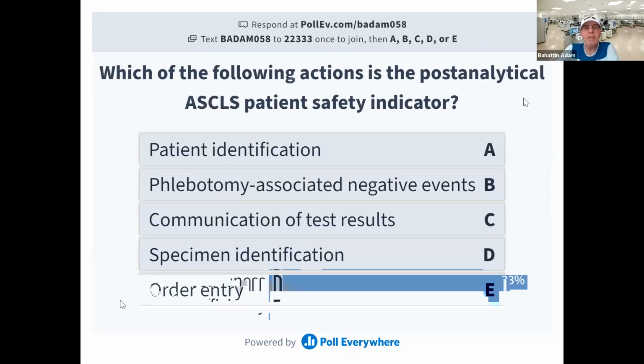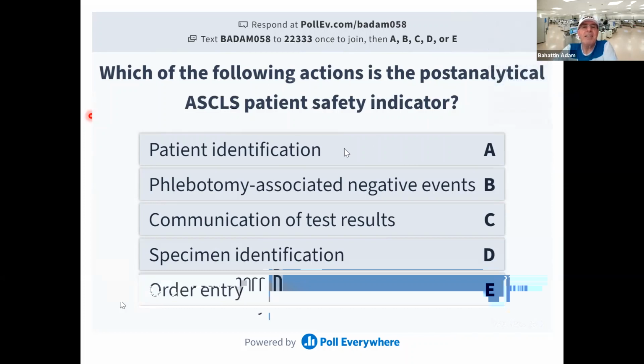Okay, this is supposed to be the last one. Which of the following actions is a post-analytical error in the American Society for Clinical Laboratory Science Patient Safety Indicators?